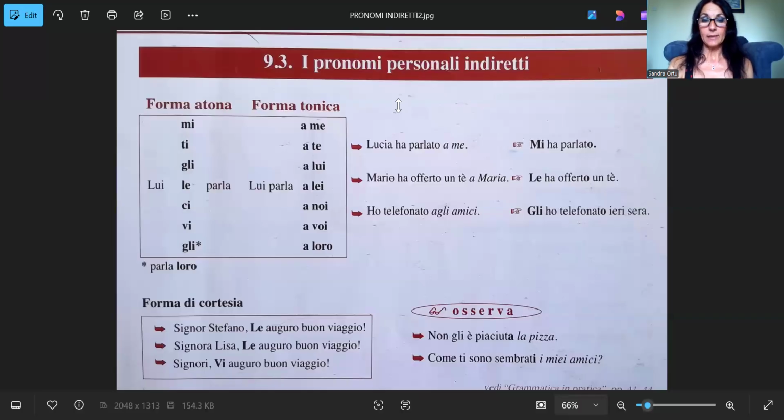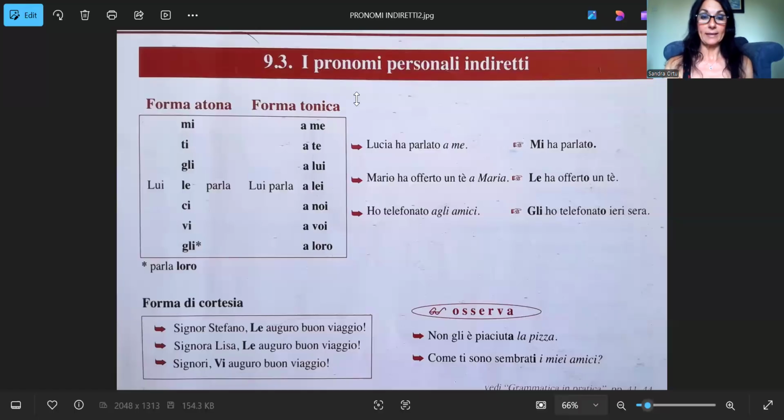So let's see. In fact, we're going to start this time from the strong form, la forma tonica. Even if, as I have said for the direct object pronouns, in general it is better to concentrate, when you're learning them, on the forma atona, or weak form, because these are the ones that we use the most.